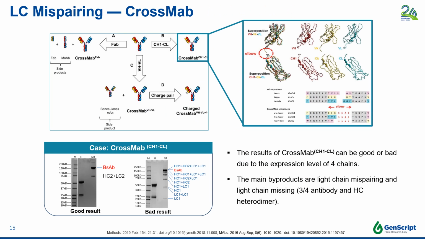The first technology to avoid light chain mispairing is cross-map. There are three designs, by interchanging the whole Fab, CH1/CL, or VH/VL regions. Cross-map Fab is rarely used because of the side products, and CH1/CL is the most commonly used.